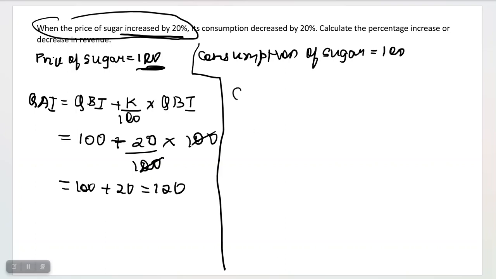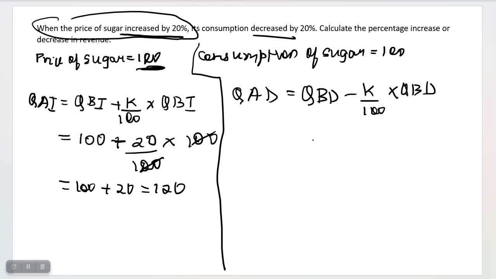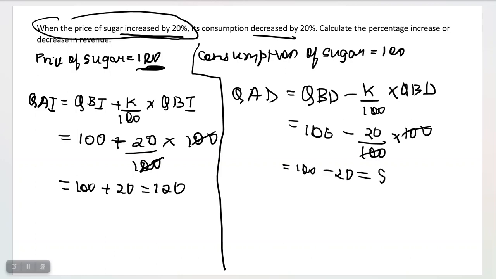Now again we calculate quantity after decrease because consumption is decreased by 20. Quantity after decrease is quantity before decrease minus k by 100 into quantity before decrease. Quantity before decrease is 100. Decrease percentage is 20 by 100 into 100. 100 minus 20 is equal to 80. So this is what I have done.